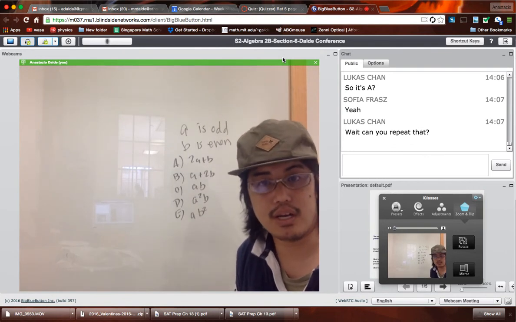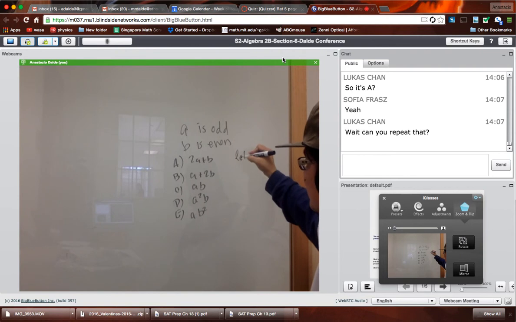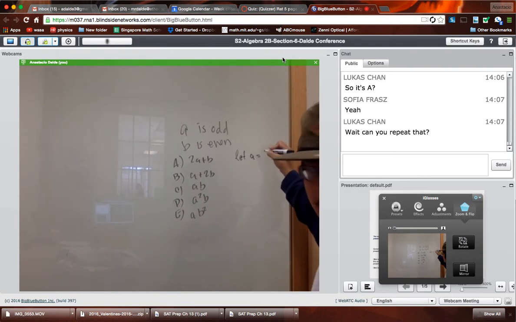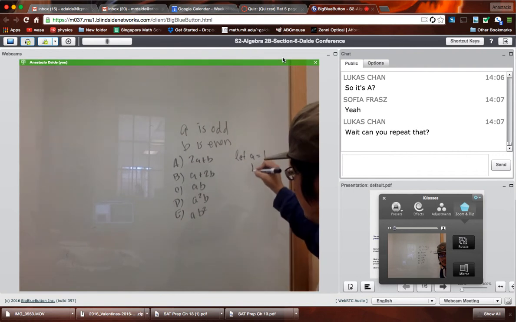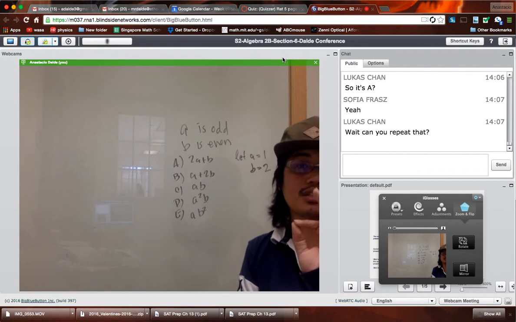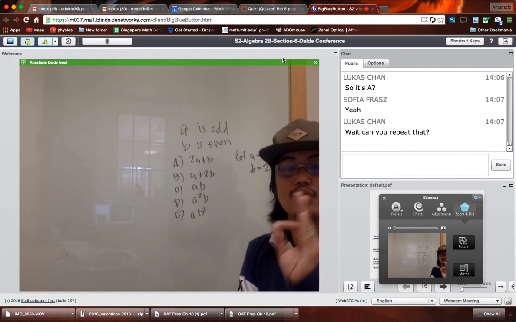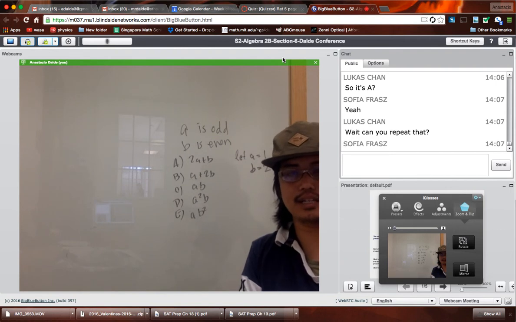But I'll tell you what, here's the easy way to do it. You guys ready? Let A equal 1 and B equal 2. Because if it works for this one condition, then it should work for all of them. I showed you this technique last week.